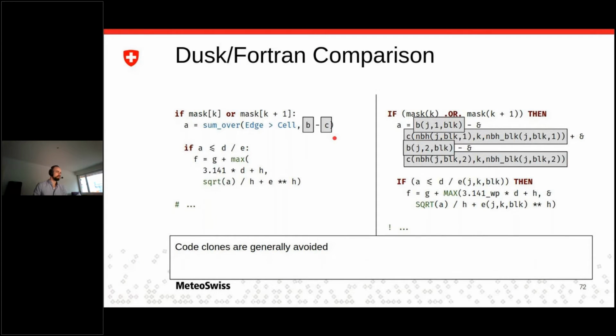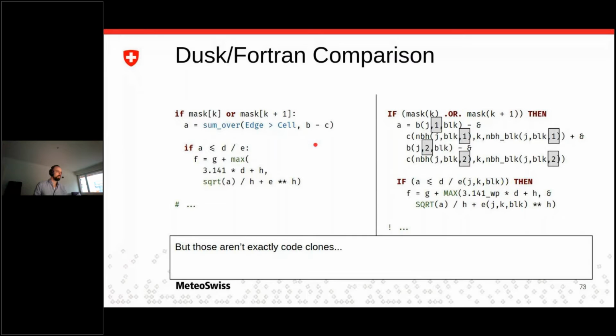So you might say, then Dusk does, generally it does try to avoid code clones. So in this case, we have this B minus C that we compute, and we have this twice up here, and then on the next line it's in there again, and we can avoid this in Dusk.